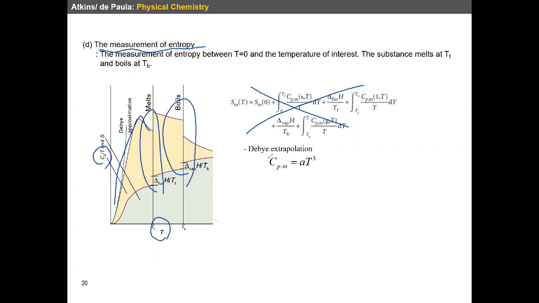At this transition, we can use extrapolation, which is this kind of relation. And by using these things, we can calculate the entropy change of this system. So this is one example of how we can measure entropy change. The concept is that there could be a transition of the system, then we can simply calculate the entropy change at this transition point. That's the point of this entropy measurement.